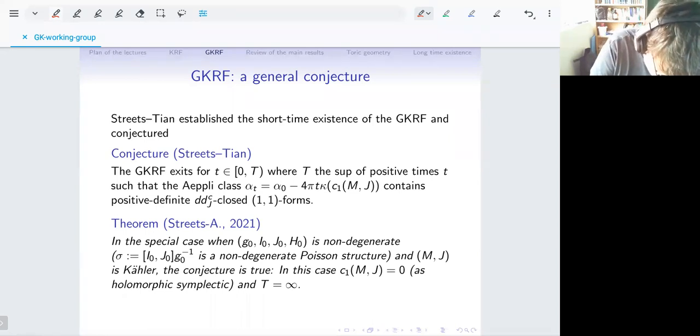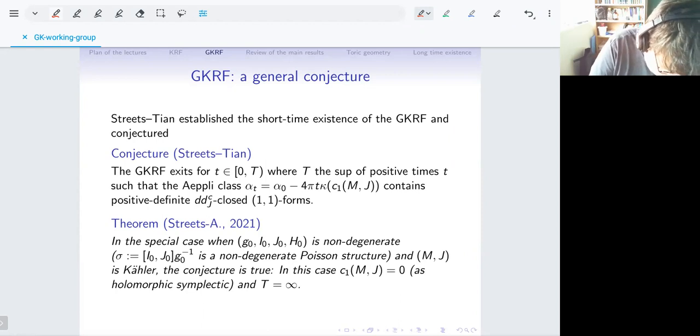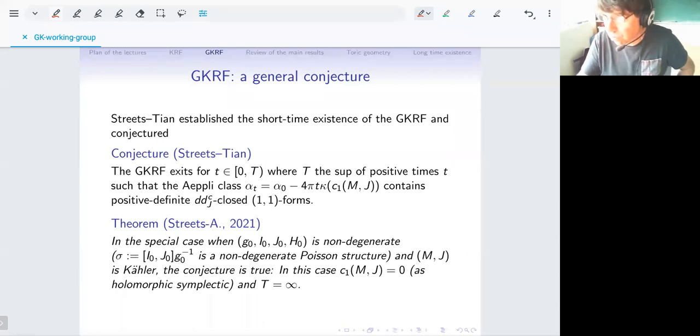What this means is that the holomorphic Poisson tensor, if you prefer, is non-degenerate at each point, or in the real language, this means that you take the commutator of the two complex structures, inverted by the metric to obtain a 2-vector, and you want this 2-vector to be non-degenerate at each point. And this condition immediately implies that the first Chern class of either of the complex structures is 0.